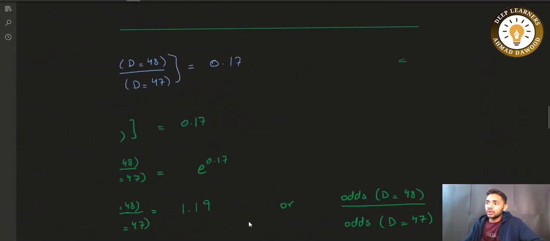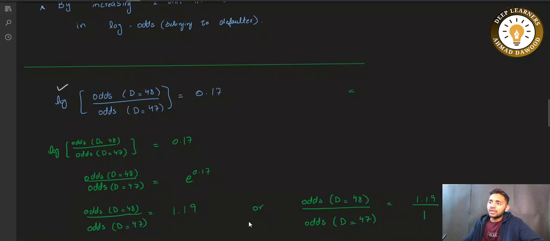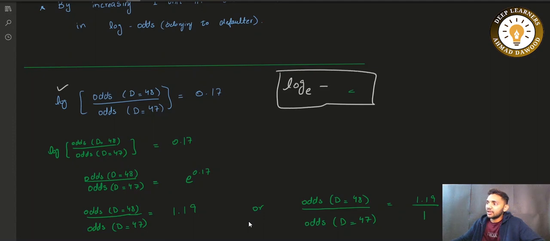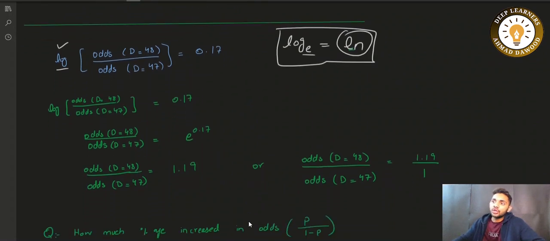Okay, now if you remove the log, which is actually the natural log with base e, then the other term will be on the power of e.